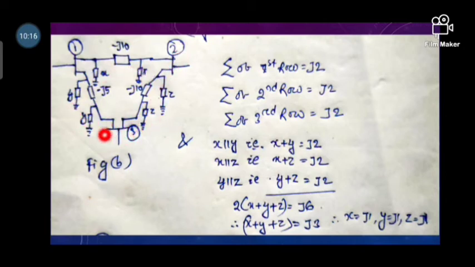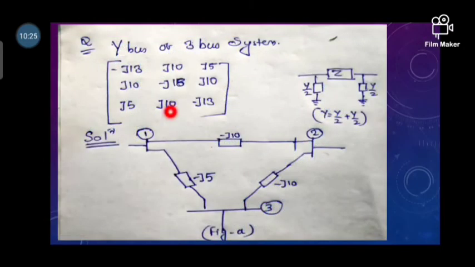Those are our shunt parameters. The summation of the first row in this matrix tells about the admittance connected between the first bus and the ground. If it is not present, then 0.